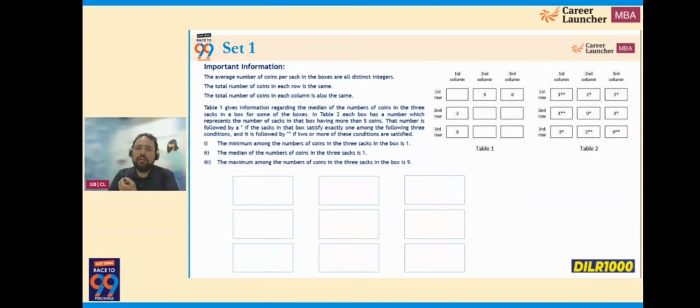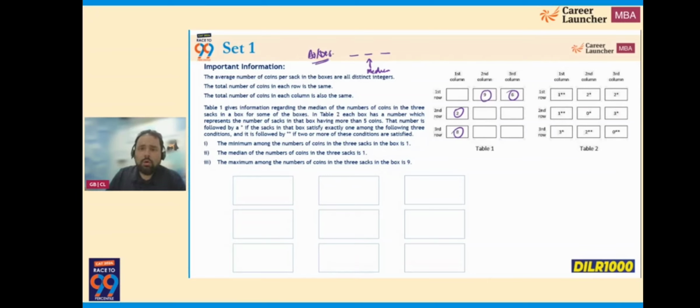Okay? Now, what do I know? I know that these numbers that are given are medians. What is median? When I put 3 numbers in ascending order, the number in the middle is known as the median. If 3 numbers are put in ascending or descending order, the middle number is known as the median.